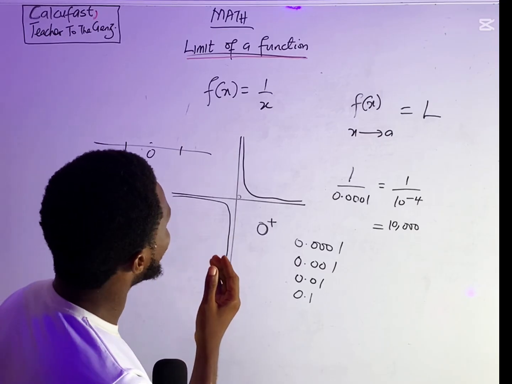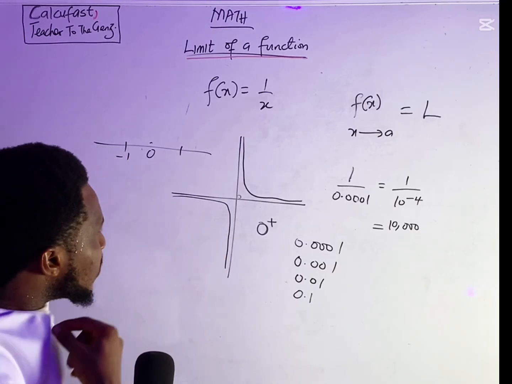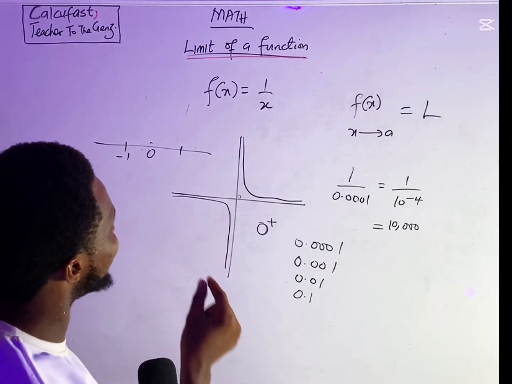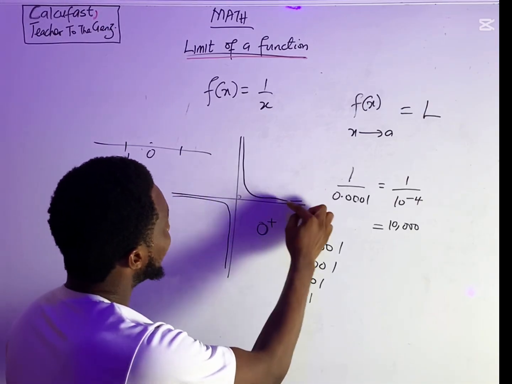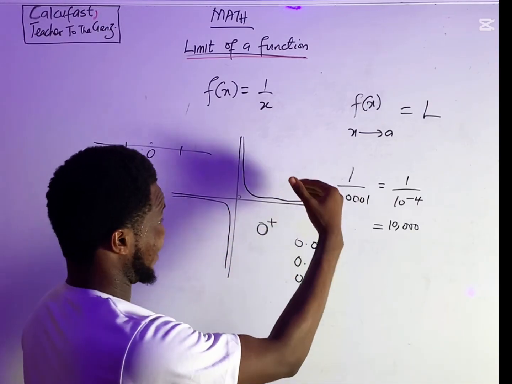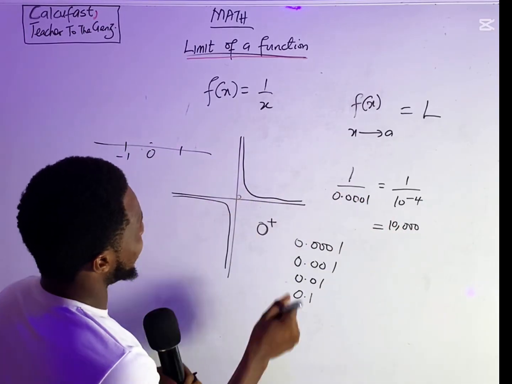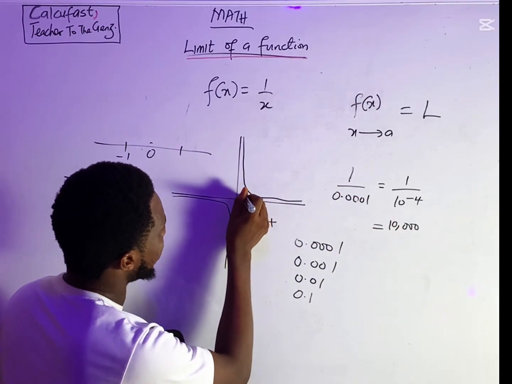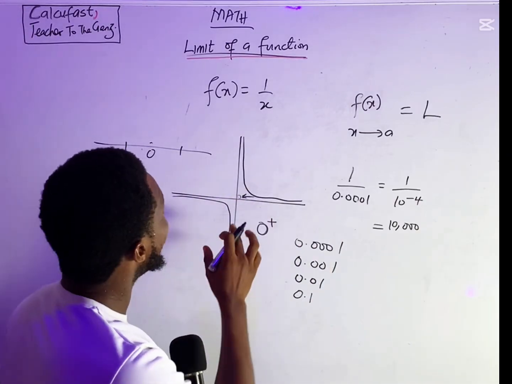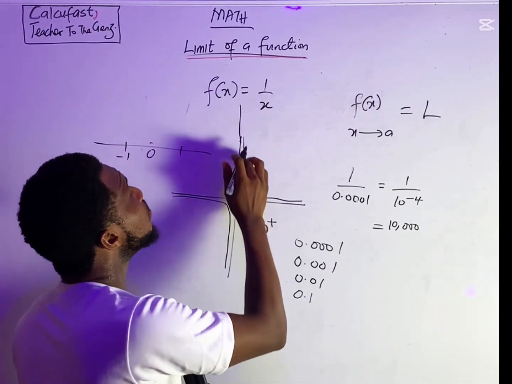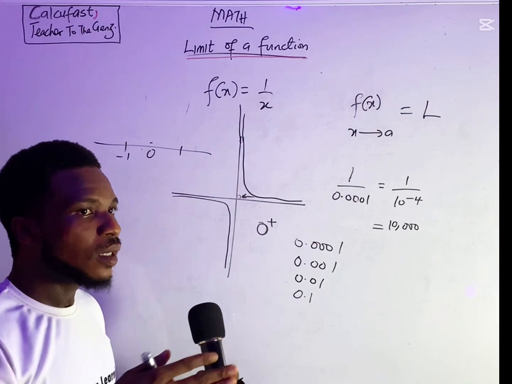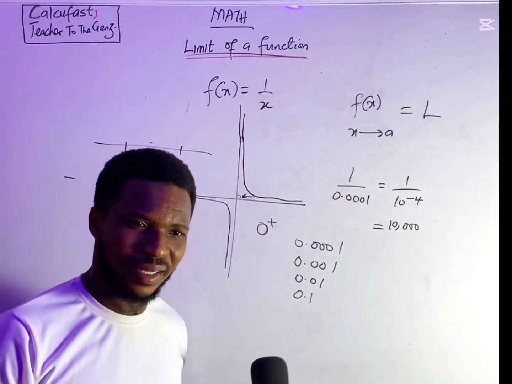You see, as x is becoming so small, as x is getting closer and closer and closer to 0, y is becoming big. You get that?